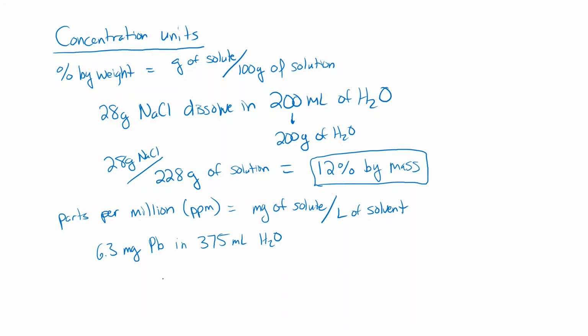To figure out parts per million, we take 6.3 and divide it by liters of water. So we have to convert milliliters to liters. We divide this by 1,000, and we get 0.375. So now we've got 6.3 milligrams per 0.375 liters, and that gives us 17 parts per million.